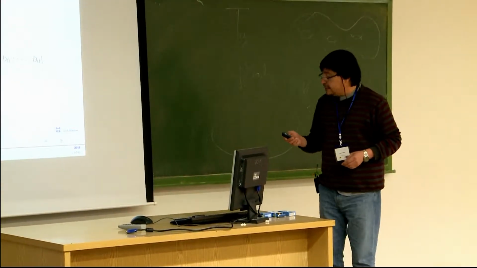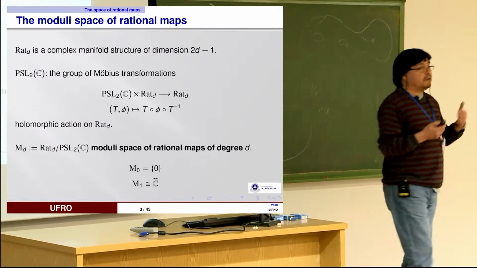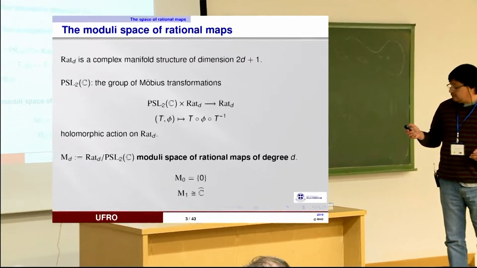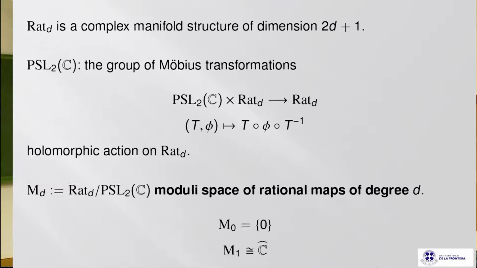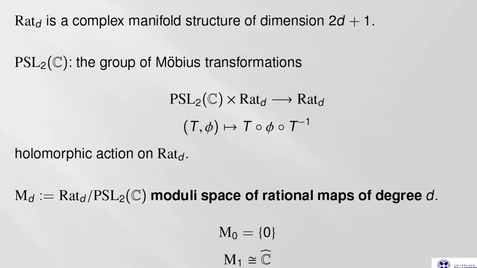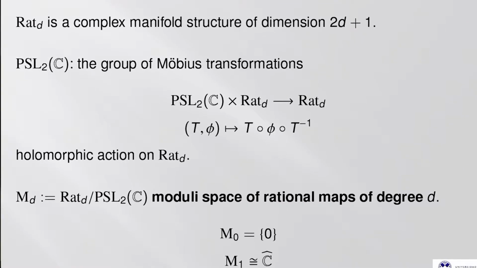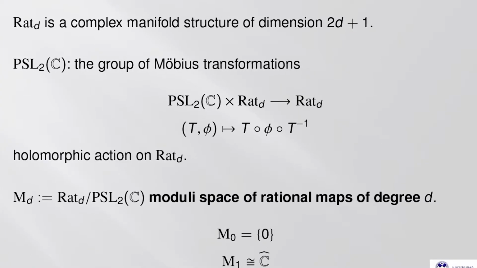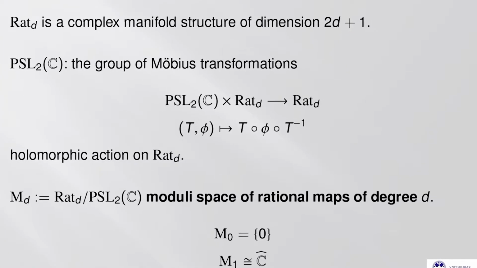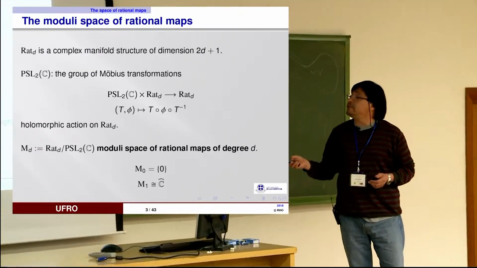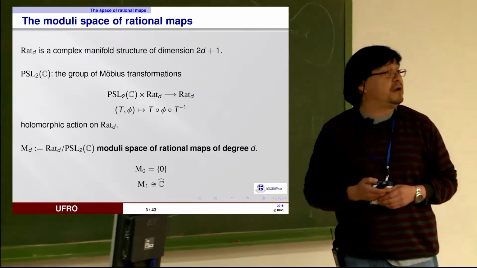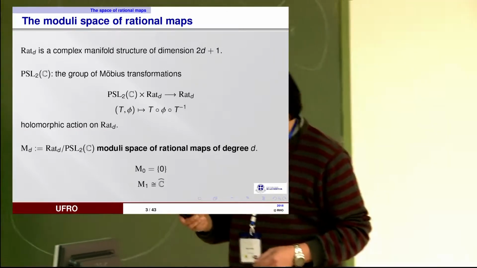So in that sense, we see that the rational space has a complex manifold structure of dimension 2d plus 1. And in this space, we also have an action by conjugation by Möbius transformations. We can take a rational map, take a Möbius transformation, and just conjugate, and you get a new rational map.